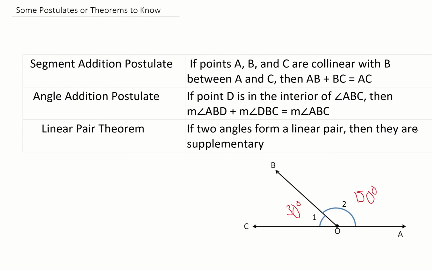So these are adjacent. They form a linear pair. And remember, you can think of a linear pair as formed by intersecting lines like this. So they're adjacent and they're formed by intersecting lines. And so these two lines intersect, these are adjacent, and so by the linear pair postulate, they have to add up to 180.